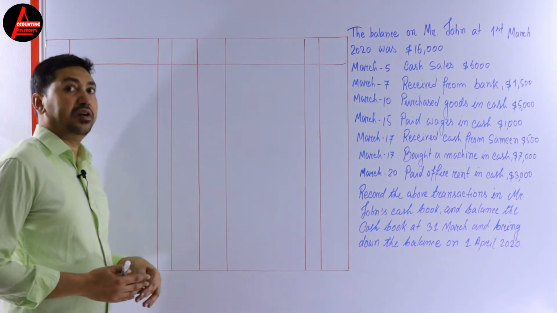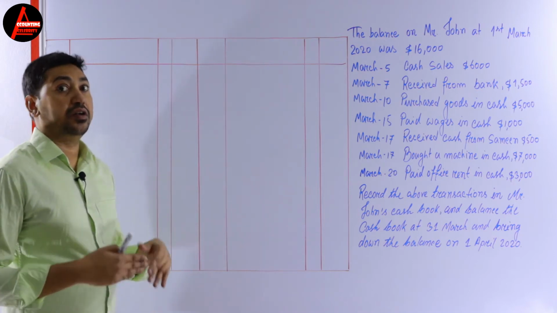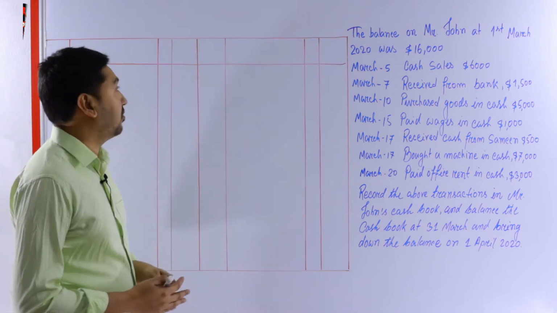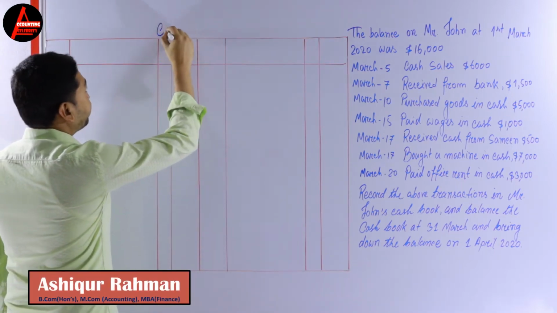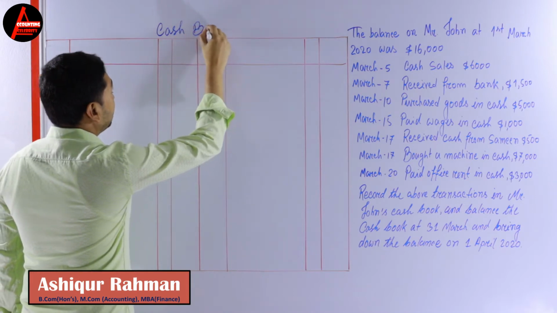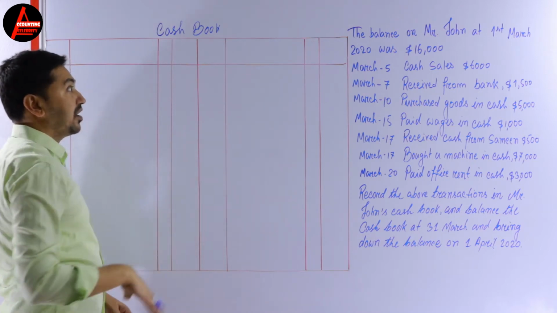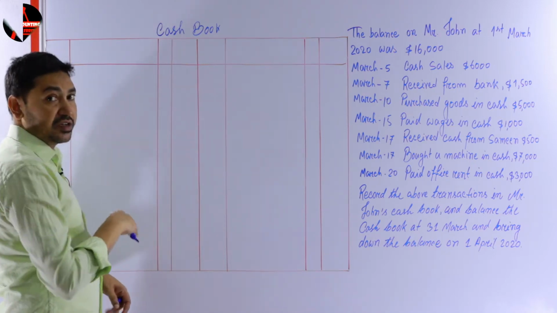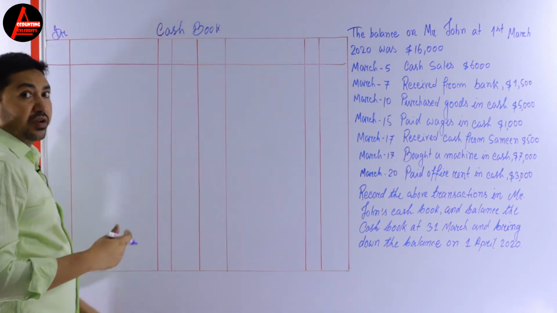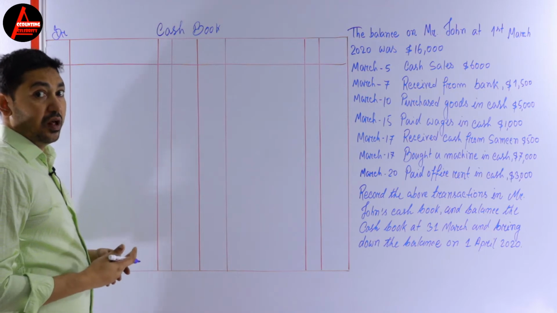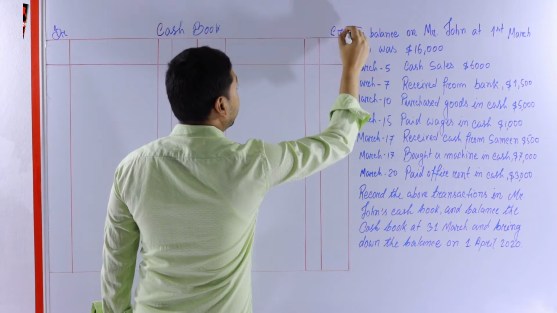Okay, look at the format here. This is a part of a double entry system, already you know. So here we have 8 columns. Okay, these 8 columns are divided into 2 sections. This section is the debit section. Already you know DR is abbreviated for debit, and CR is abbreviated for credit.